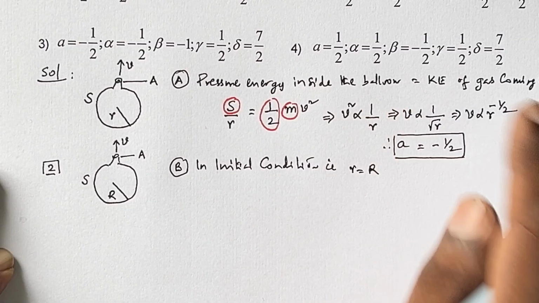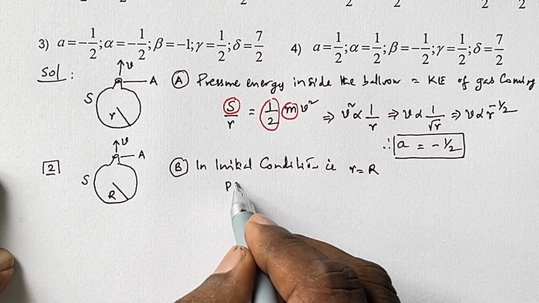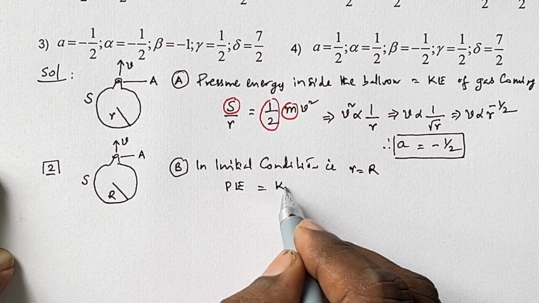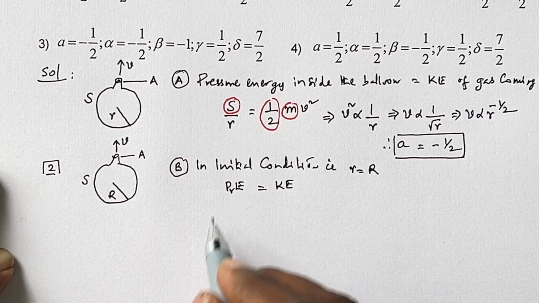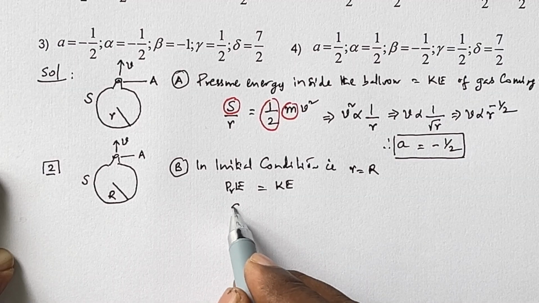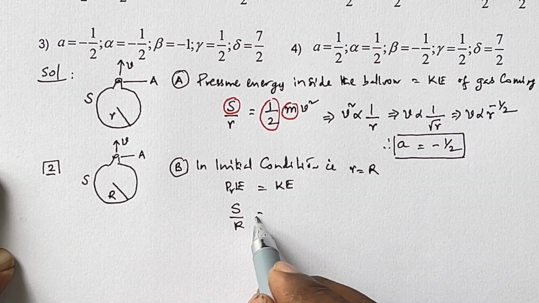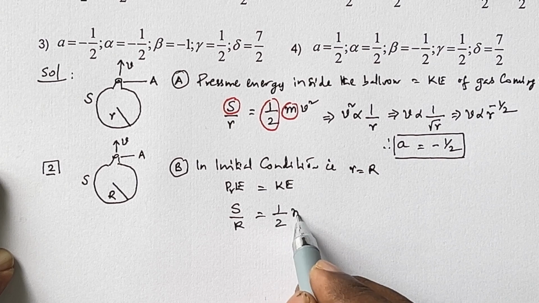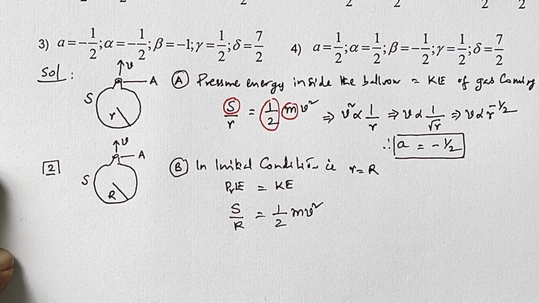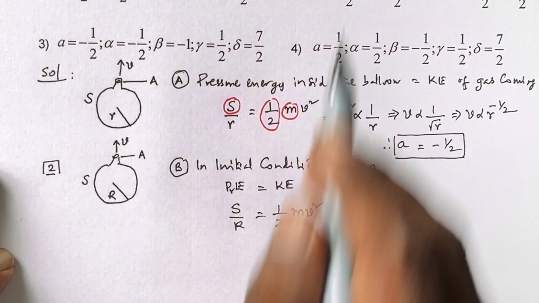So here pressure energy is equal to kinetic energy. Pressure energy S by R is equal to half m v square. The mass of the gas is not given, the density of the gas is given.